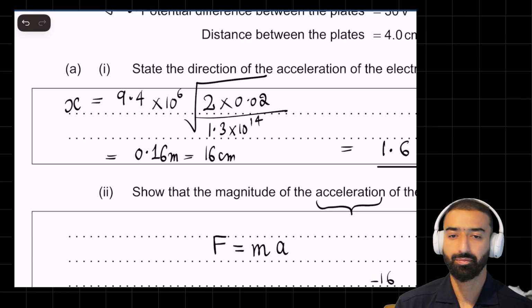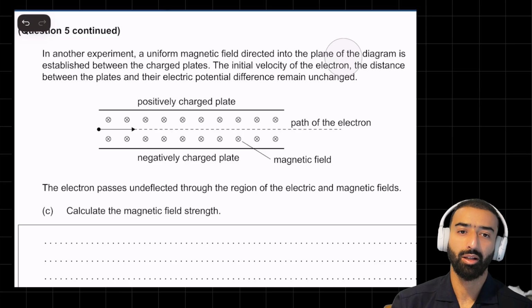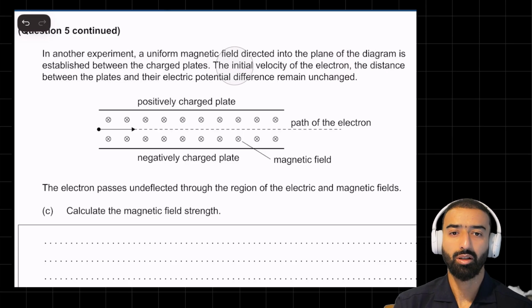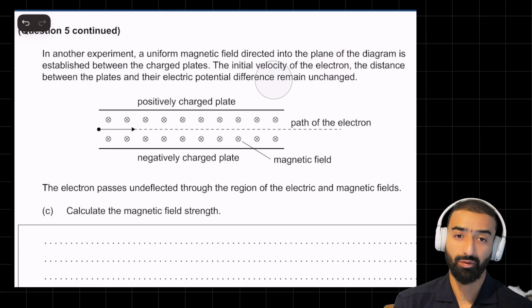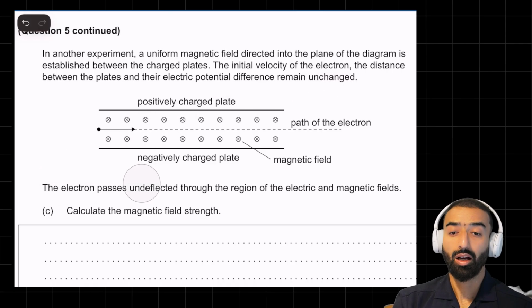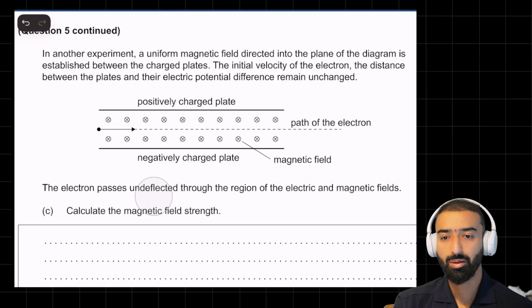Let's move on. In another experiment, a uniform magnetic field directed into the plane of the diagram is established between the charged plates. The initial velocity of the electron, the distance between the plates, and their electric potential difference remain unchanged. The electron passes undeflected through the region of the electric and magnetic fields.